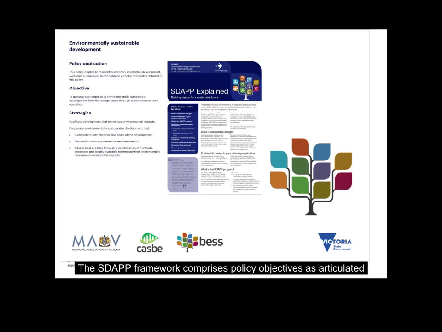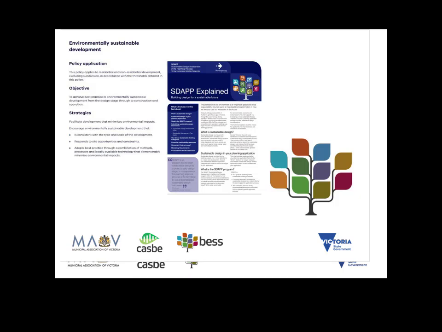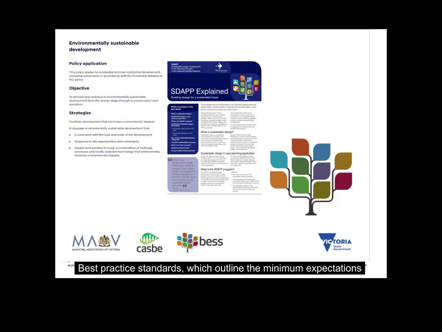The SDAP framework comprises policy objectives as articulated in local ESD planning policies and more broadly in the Victorian Planning Policy Framework, best practice standards, which outline the minimum expectations to meet the policy objectives.